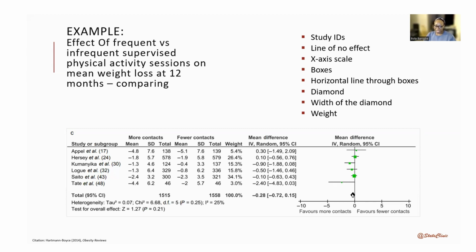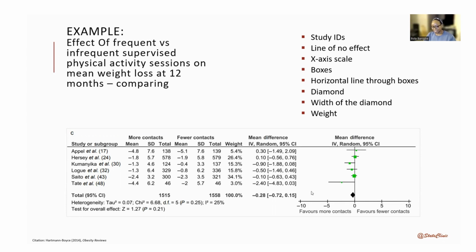And this black diamond is your overall pooled estimate. You can see the center, negative 2.4, is the effect estimate. And the width, or the wings, of the diamond is the 95% confidence interval around the pooled estimate.